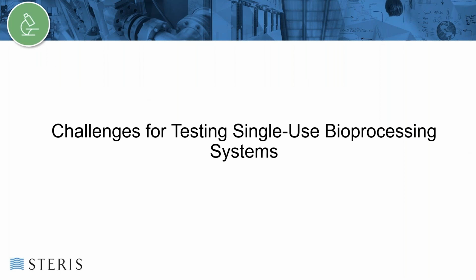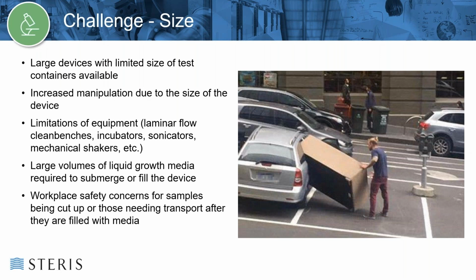So what are the challenges for testing single-use bioprocessing systems? First would be the size of the devices. These large devices often are difficult to fit in the limited size containers that are available for laboratory use.